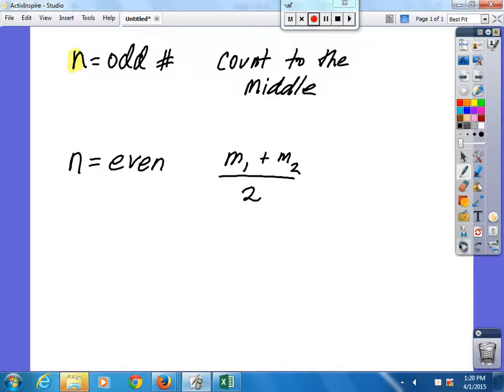So in that case, let's just put 1, 2, 3, 4, 5, 6, 7, 8, 9. So n is equal to 9. You got 9 numbers. The only thing you do is you count down, 1, 2, 3, 4. Because how many do you have on the top?